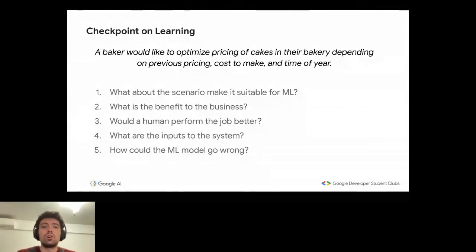What could go wrong in the machine learning model? So feel free to take a screenshot of this if you wish, and think about it yourself. Because what we will be considering today is instead this other scenario.